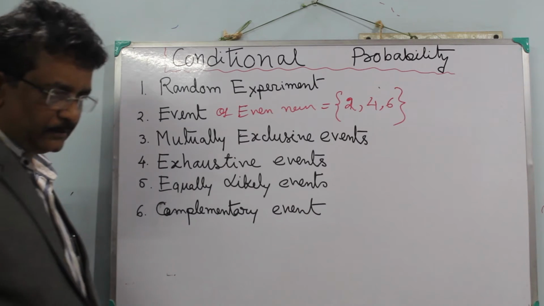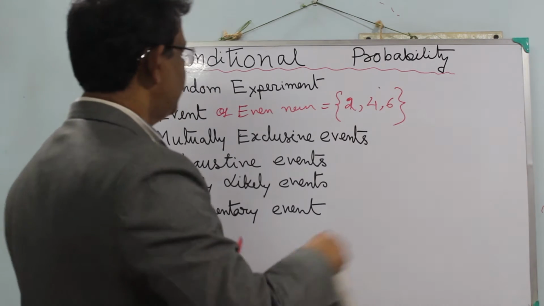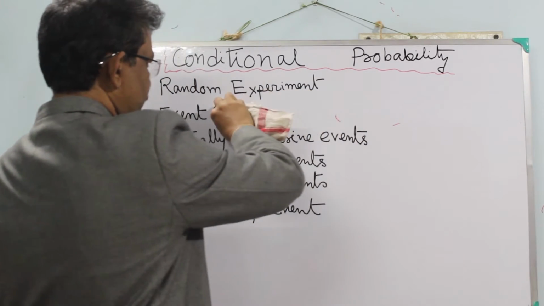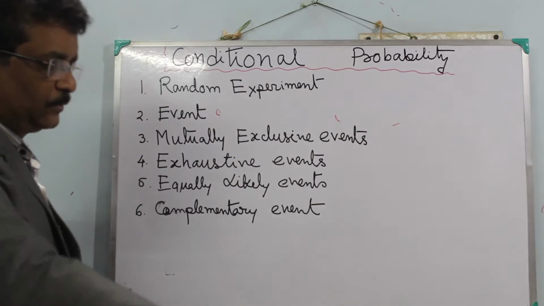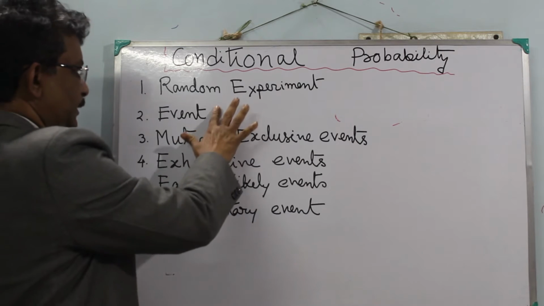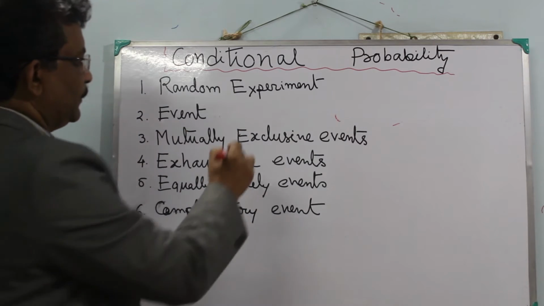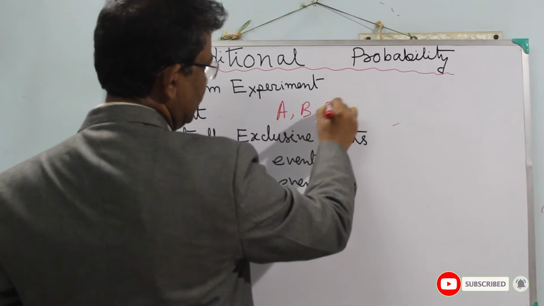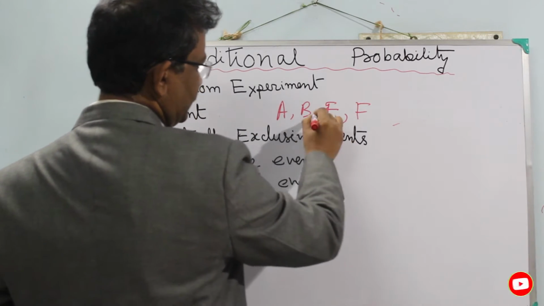So there may be different types of events depending on the experiment. The results or outcomes of the random experiment are called events. An event is denoted by a capital letter, A, B, E, F, like this.